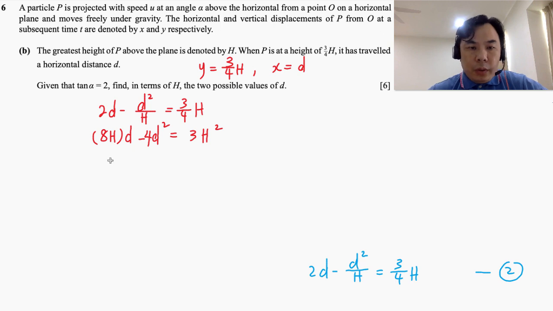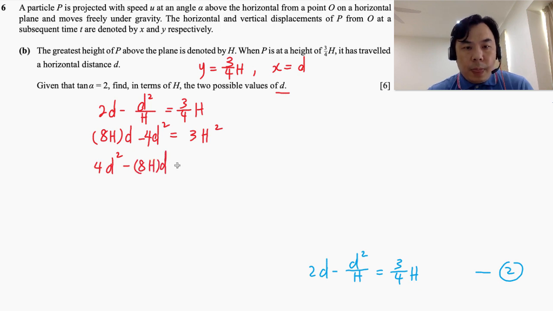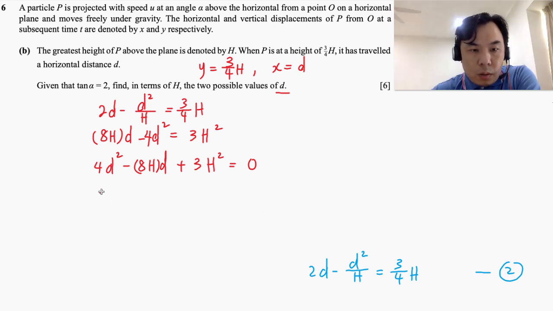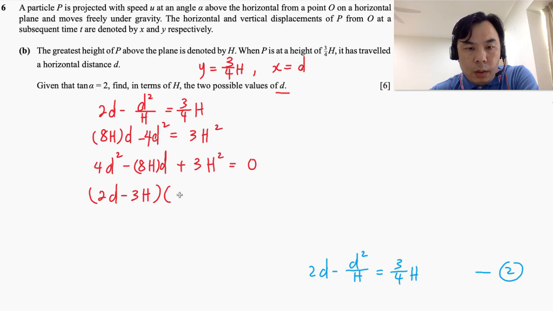Now we're going to rearrange this because our objective is d. I'm going to arrange this equation so that we can get a quadratic equation in terms of d square. That would give us d square minus 8hd plus 3h square equals 0. As you can see, we are quite lucky in this case. We can factorize this quite easily. I think it's 3h, and the other one will be h.